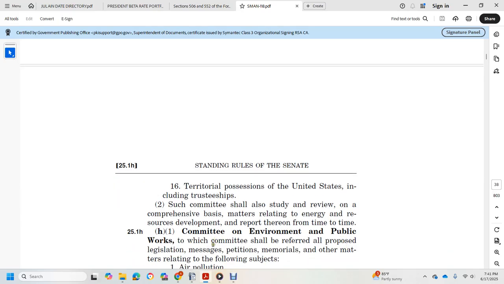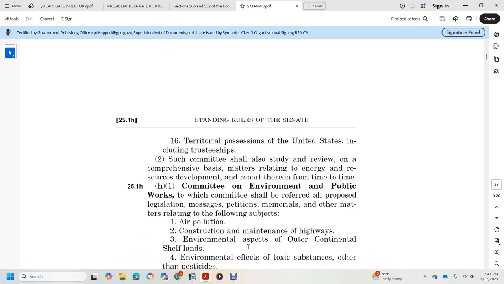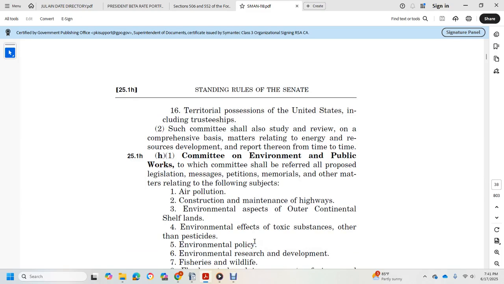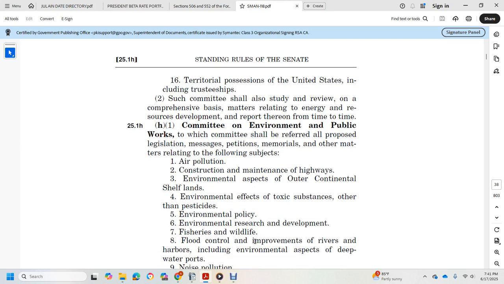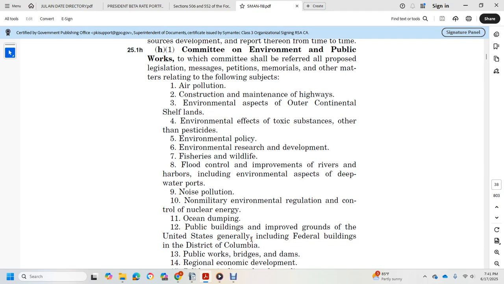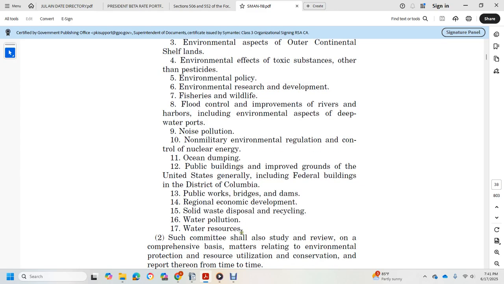Committee on Environment and Public Works. To the committee shall be referred all proposed legislation, messages, petitions, memorials, and other matters relating to the following subjects: air pollution, construction and maintenance of highways, environmental aspects of outer continental shelf lands, environmental effects of toxic substances and pesticides, environmental policy, environmental research and development, fisheries and wildlife, flood control and improvement of rivers and harbors, including environmental aspects of deep water ports, noise pollution, non-military environmental regulation and control of nuclear energy, ocean dumping, public buildings and improved grounds of the United States generally, including federal buildings in the District of Columbia, public works, bridges and dams, regional economic development, solid waste disposal and recycling, water pollution, and water resources.